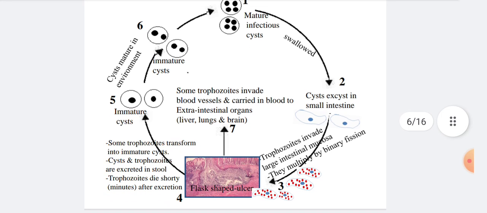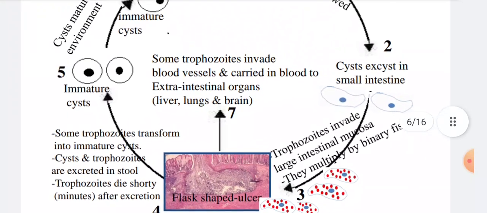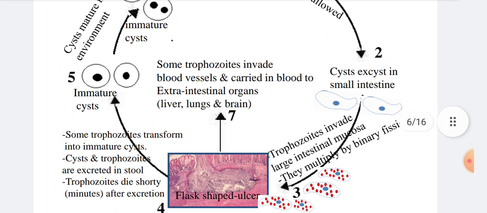Number 7 here, in the large intestine, some trophozoites invade blood vessels and are carried in blood to extraintestinal organs, liver, lungs, and brain, forming abscesses.